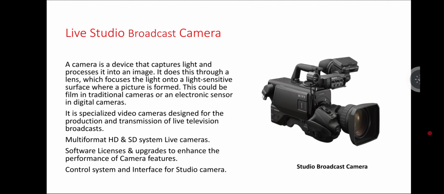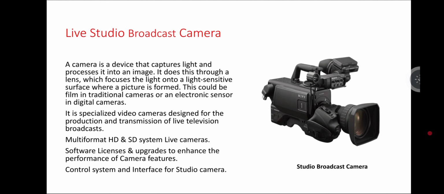It is a specialized video camera designed for production and transmission of live television broadcast. Multi-format HD, high definition, and standard definition SD system live cameras, software license and upgrades to enhance the performance of the camera, features and control systems and interface for studio cameras.